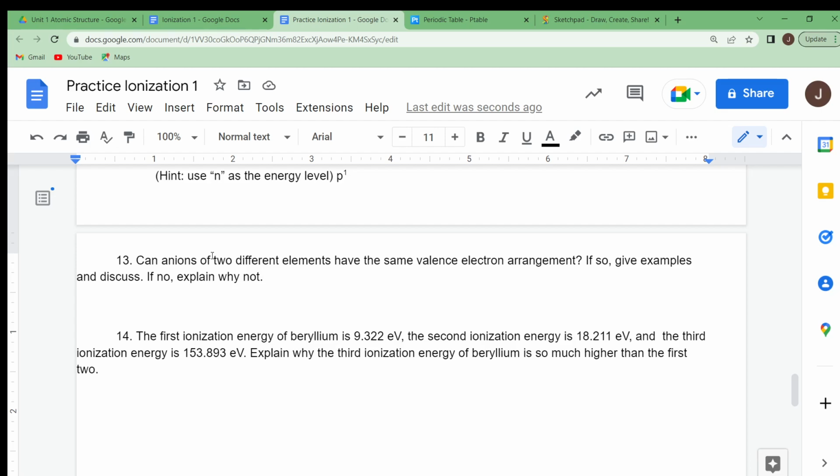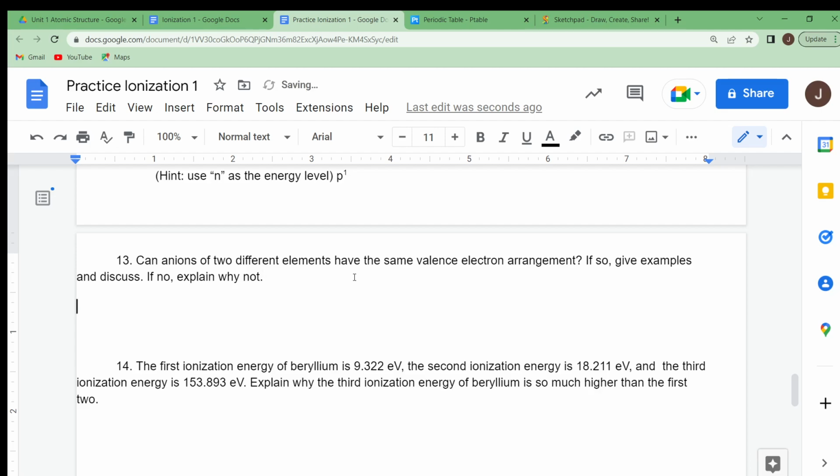Can atoms of 2 different elements have the same valence shell arrangement? All right. So this next one is asking if it's possible to have elements that have the same valence shell arrangement if they're 2 different elements.